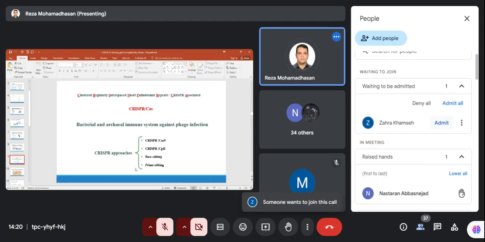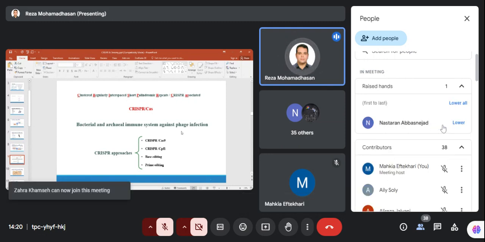The system in nature is the bacterial and archaeal immune system against phage, or bacteriophage, infection.